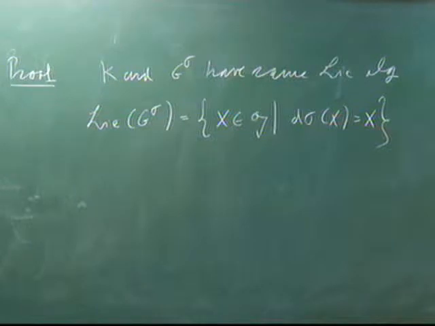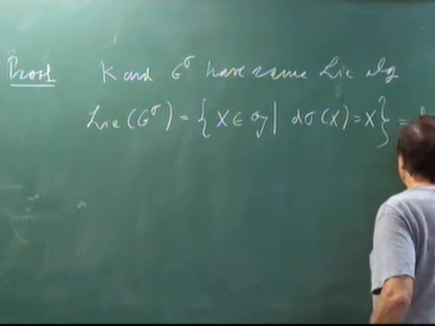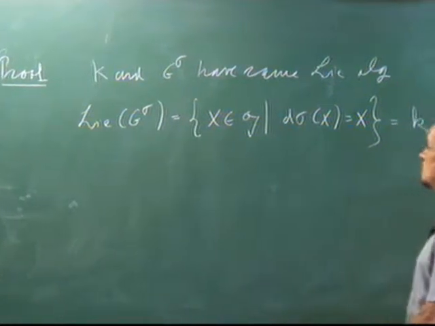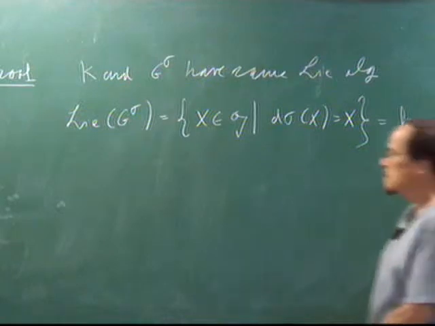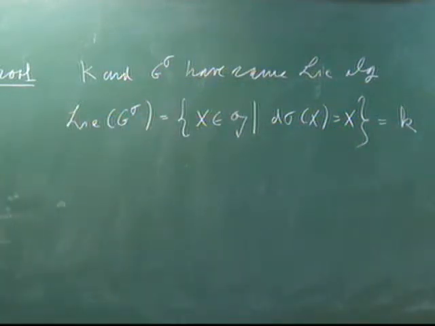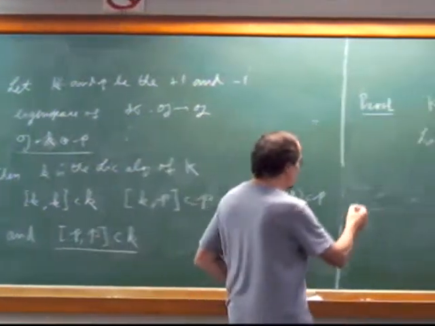And so again, we easily prove that by using the exponential map in our usual fashion. And that's what we call k. So indeed, the Lie algebra of capital K is little k. So we might as well keep the same letter. And these relationships just follow because d sigma is an automorphism.